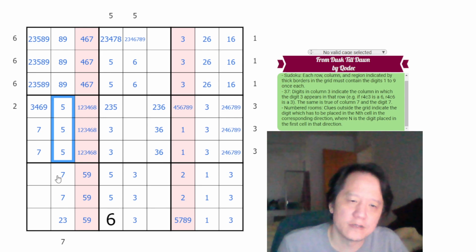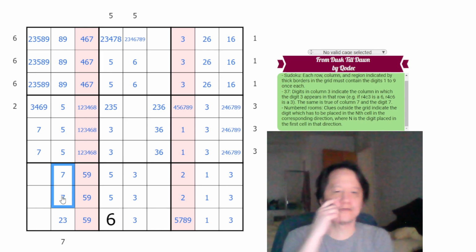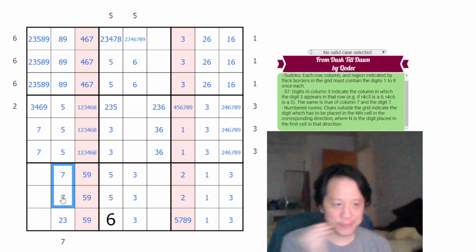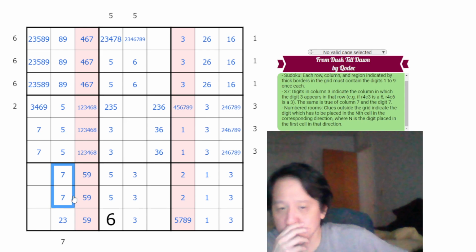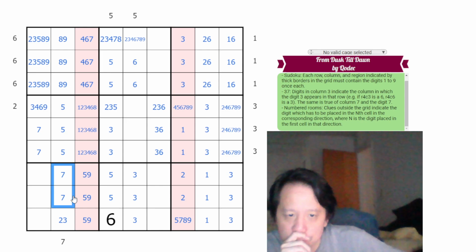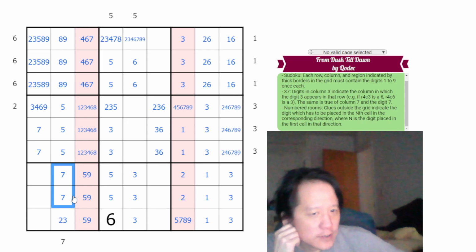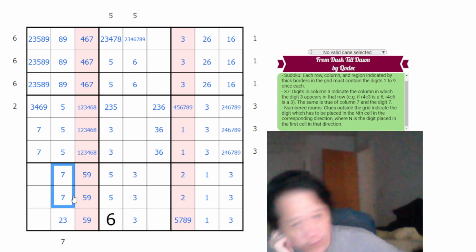Wait, hold on. This doesn't have to be, this doesn't have any entropic issues here, right? 3 could be anywhere in box 4.